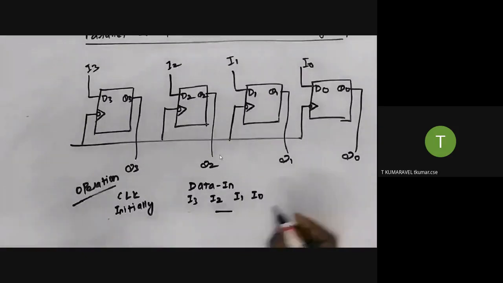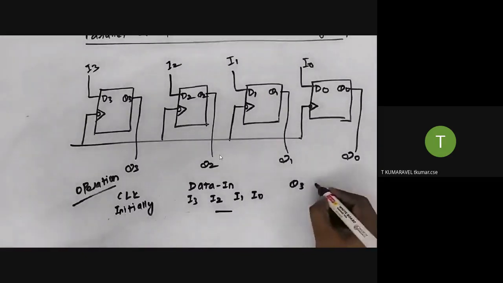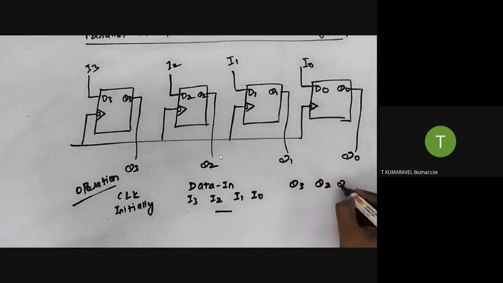So what is the status of the flip flop? 0. So why is it 0? Before providing the clock signal to the operation, it holds the previous value.